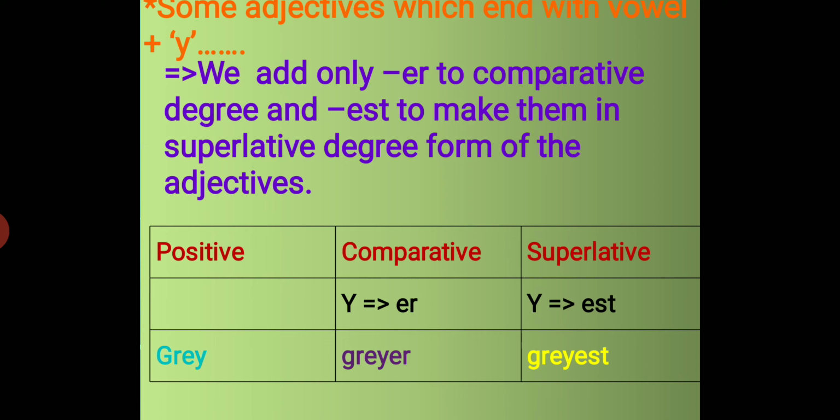Grey, before Y there is a vowel. What is it? E. So we add only ER. Grey, greyer, greyest.